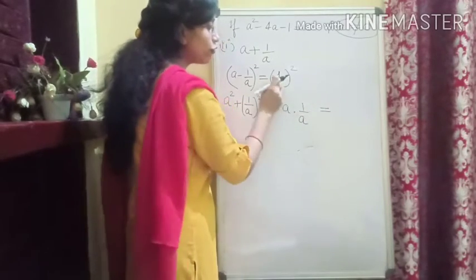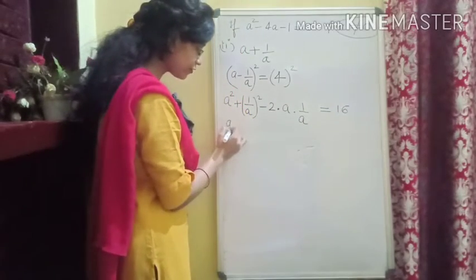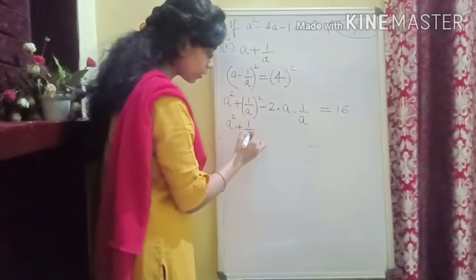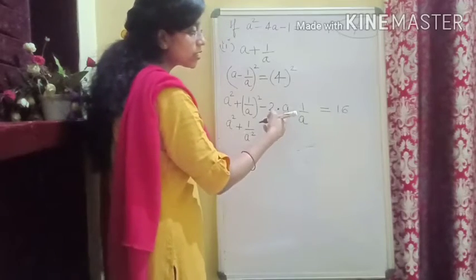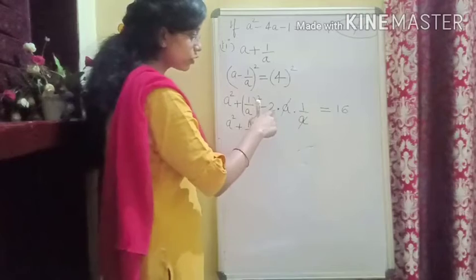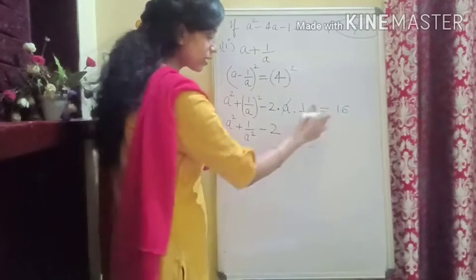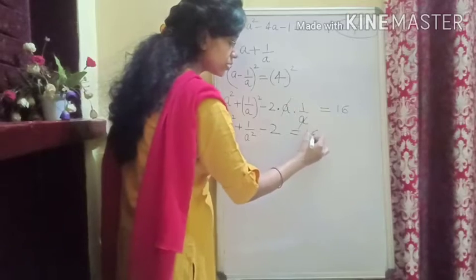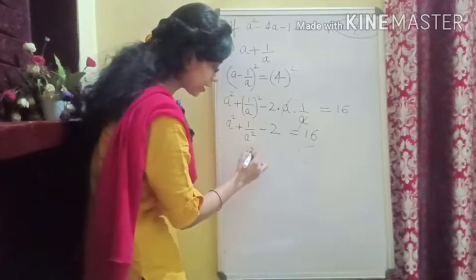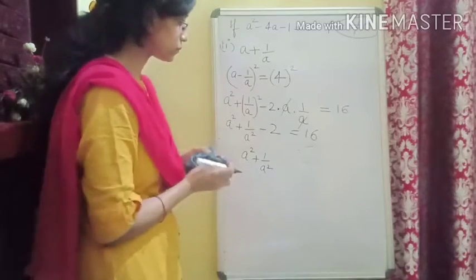Right hand side 4 square will give you 16. Now if we simplify further, a square plus 1 upon a square, this a and this a, they are in divide. We can easily cancel them. So here 2 into 1 will be 2 simply with minus sign equals to 16. And here we have a square plus 1 upon a square.